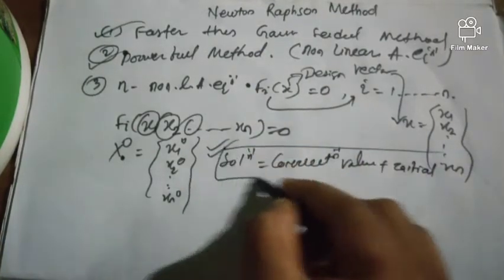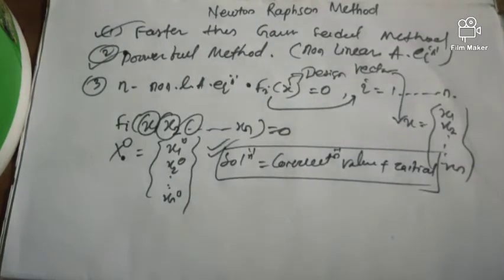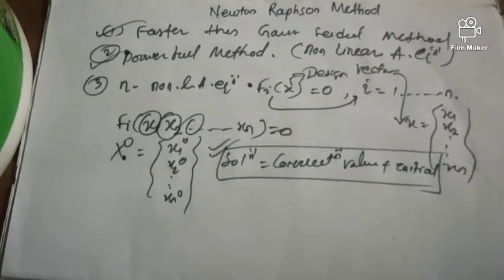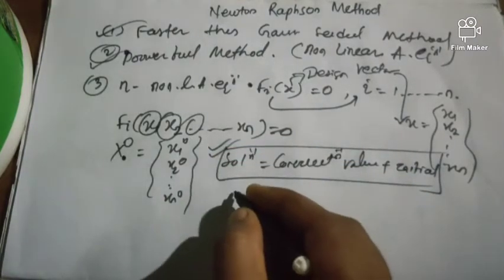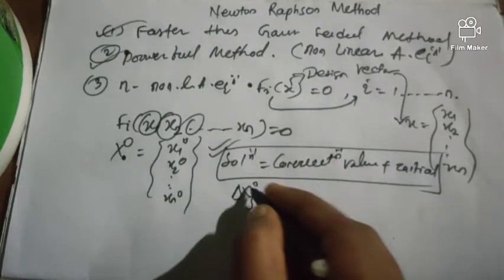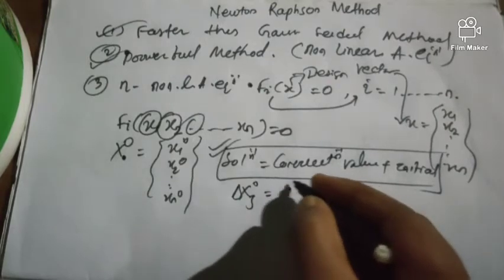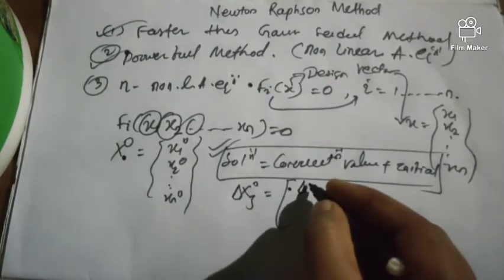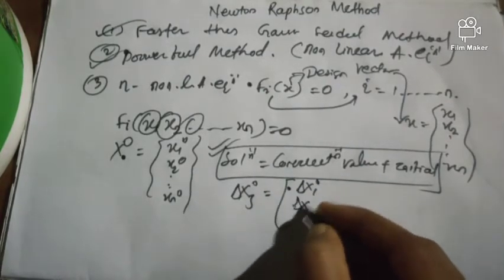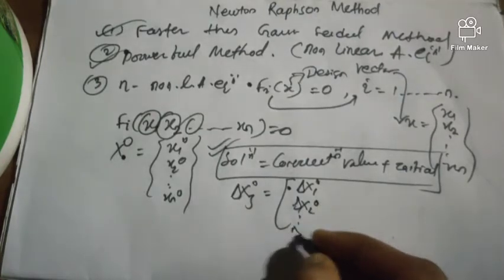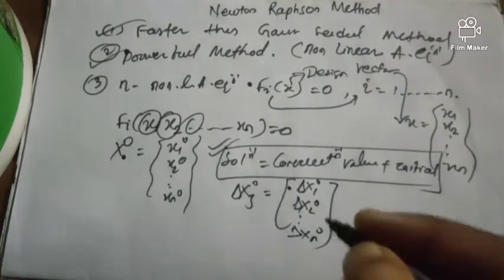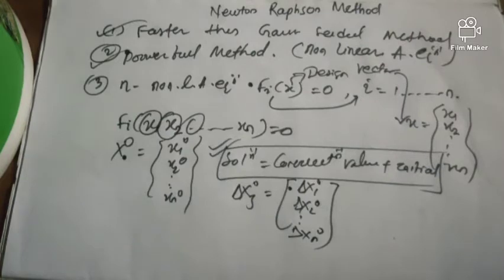The corresponding corrections are del x1^0, del x2^0 up to del xn^0. So the correction value when added to the guess value will give the solution.